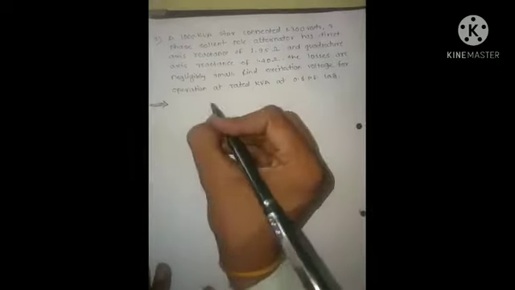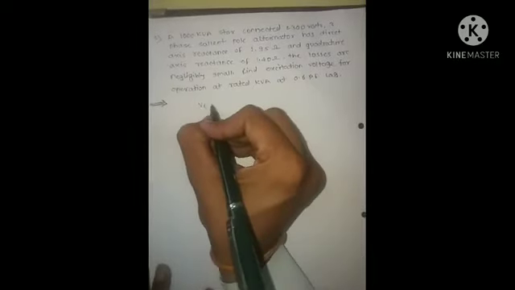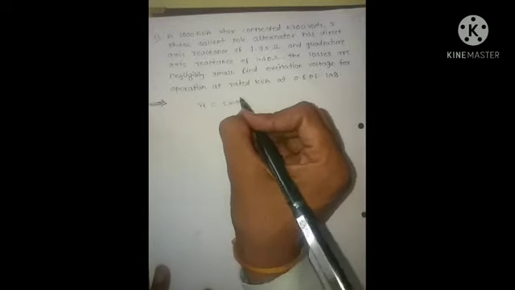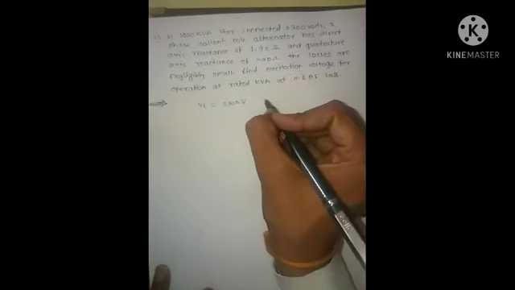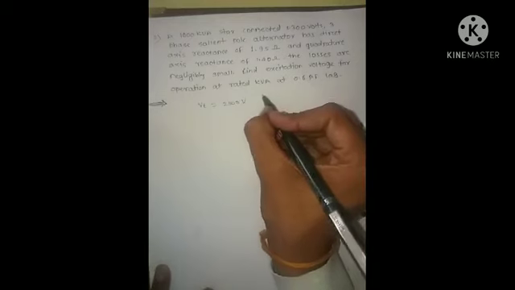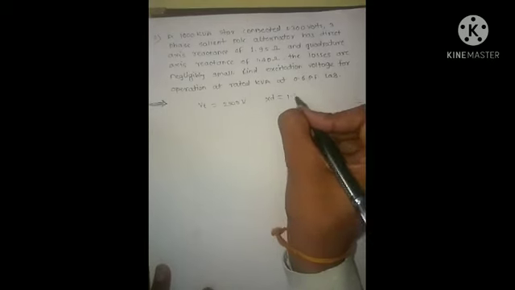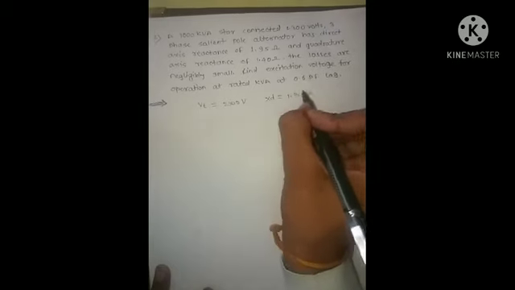So Vt equals 2300 volt and XD equals 1.95 ohm.